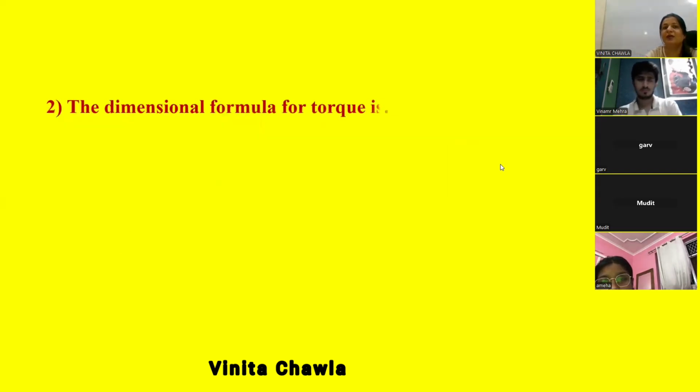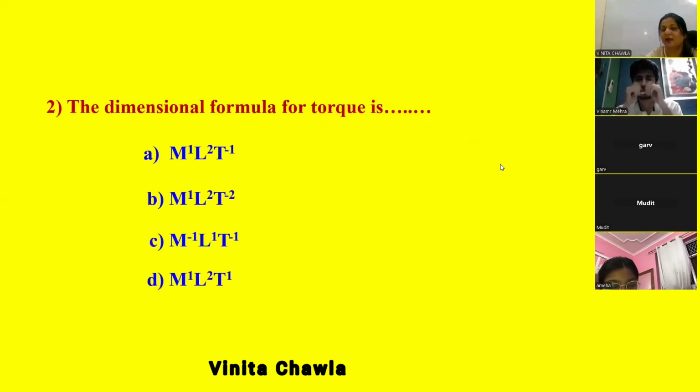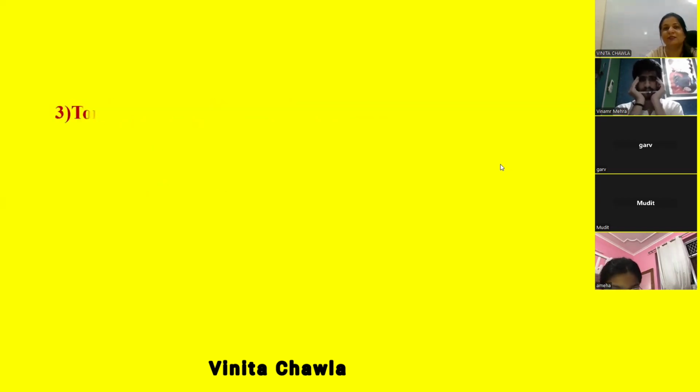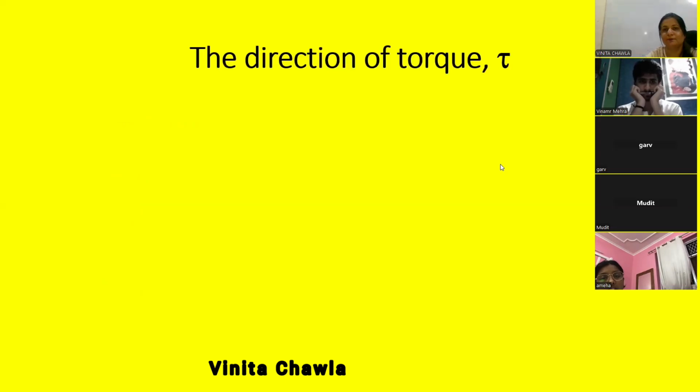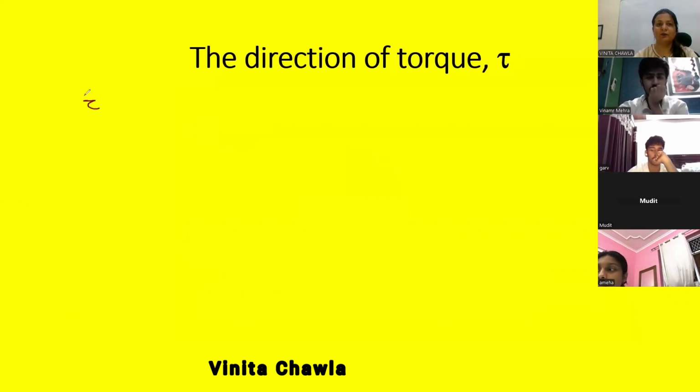Second question, the dimensional formula for torque is, yes, it's ML2 T minus 2. Third question, torque is equal to I alpha. Okay? How do we write torque in vector form?